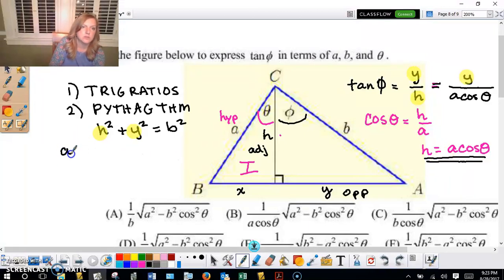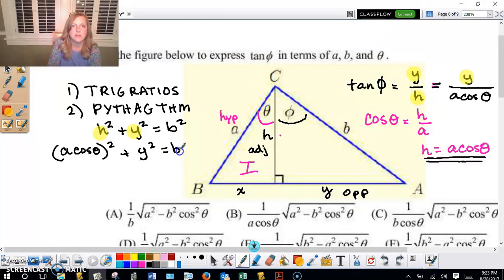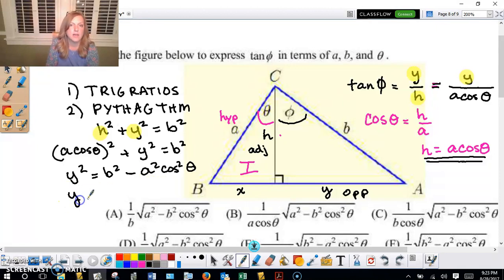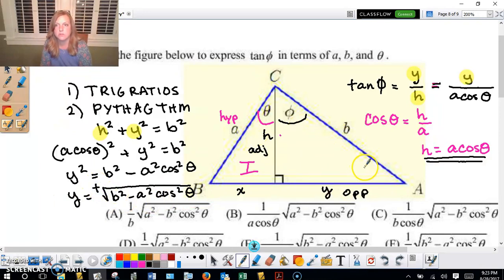So I'm going to substitute in a cosine theta for the h and square it. We can leave the y squared in there because I am going to solve for it. So y squared equals b squared minus a squared cosine squared theta. And y is going to be the square root of b squared minus a squared cosine squared theta. And I took the positive root because we're dealing with a side length in a right triangle, so it's positive.